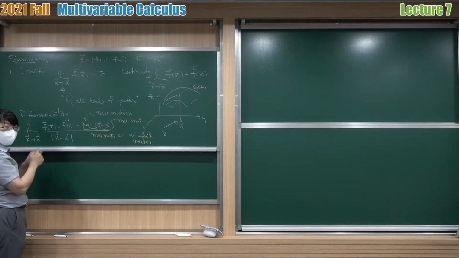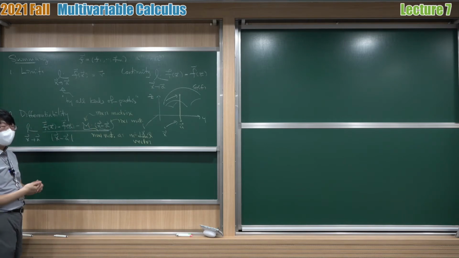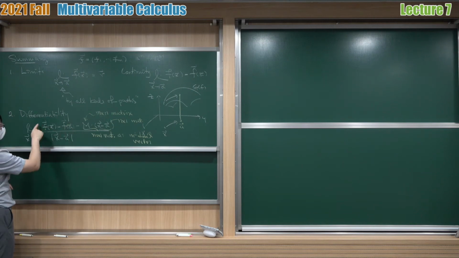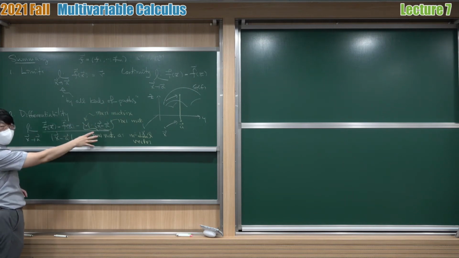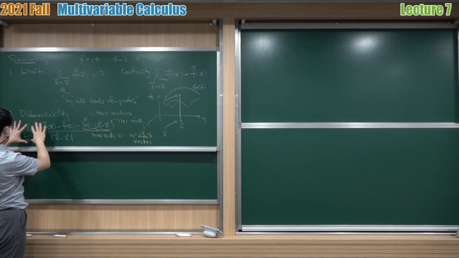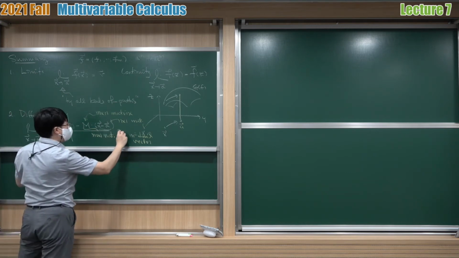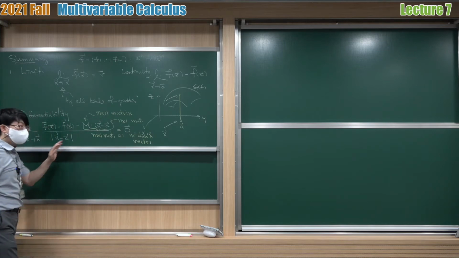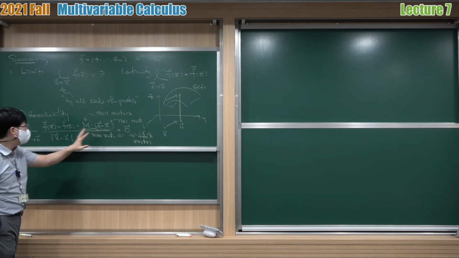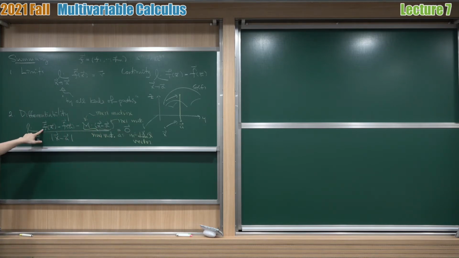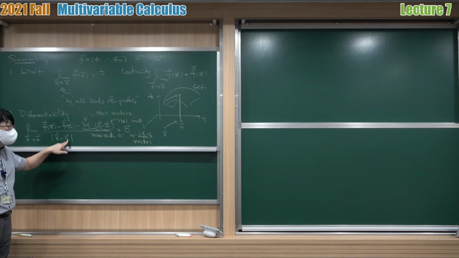In the denominator, we only have a real value. So we're just taking 1 over the norm times the m-dimensional vector. So the result of the limit should be the 0 vector, the m-dimensional 0 vector, in order to say that the function is differentiable at a.